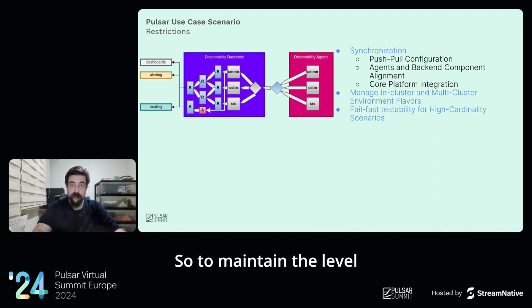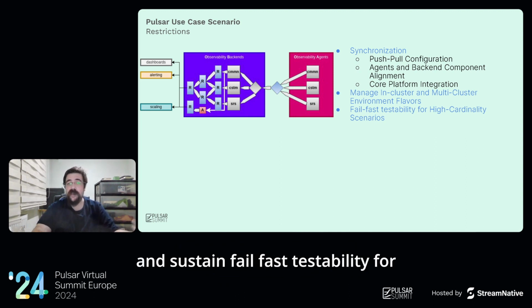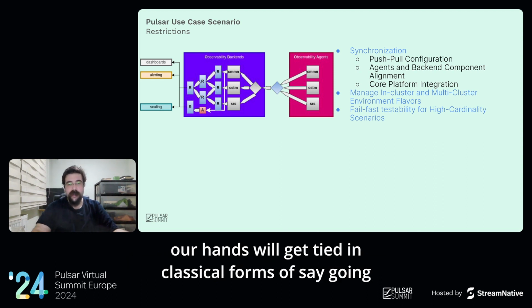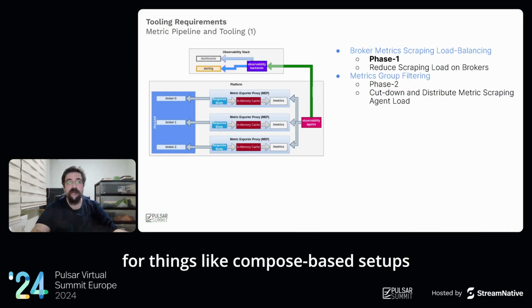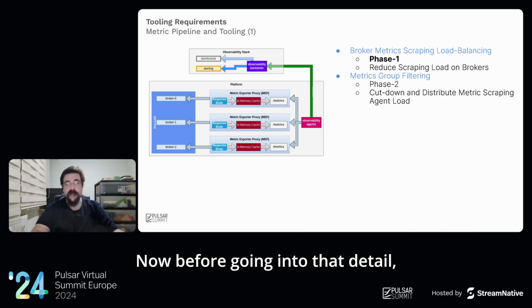So, to maintain the level of synchronization, manage various flavors, and sustain fail-fast testability for the high cardinality scenarios, well, our hands would get tied in classical forms of, say, going for things like compose-based setups or minikube-based setups.